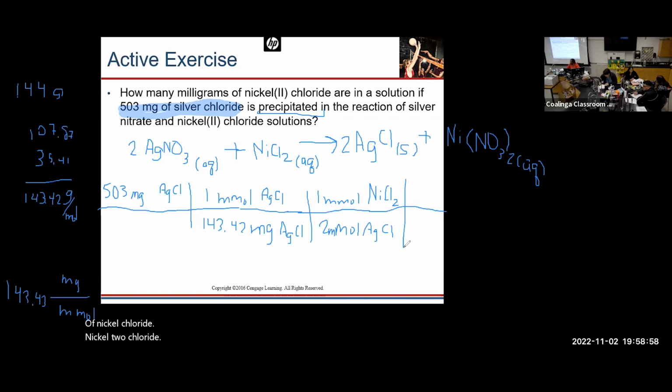Okay. So now, Edwin, now we're going to measure the what? Molar mass. Okay. So how do we calculate the molar mass of the nickel 2 chloride?